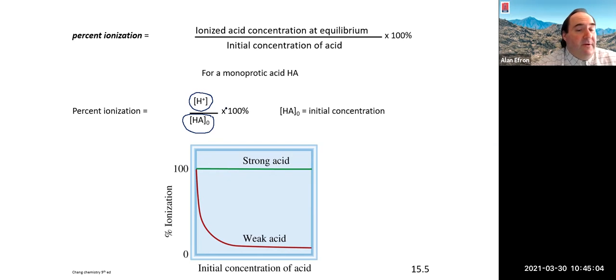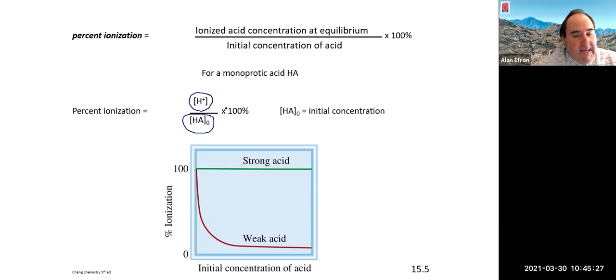The idea there is if it's less than 5% ionized, the change is not going to be that much. But if you get into a percent ionization greater than 5%, then the change is significant. That's where the 5% rule comes from: we are calculating the percent ionization of an acid. Ionization is just a fancy word for the thing breaking apart into ions, right? That's basically what an acid does.